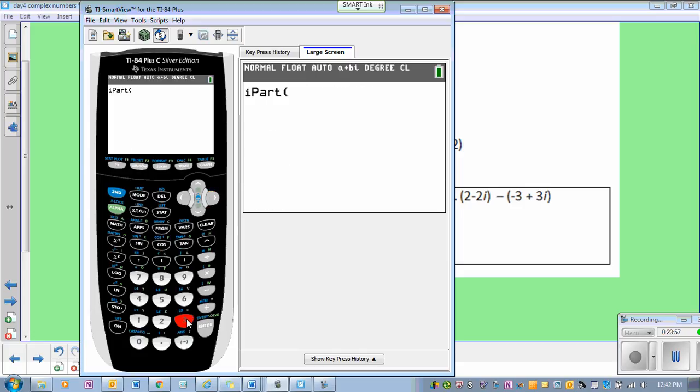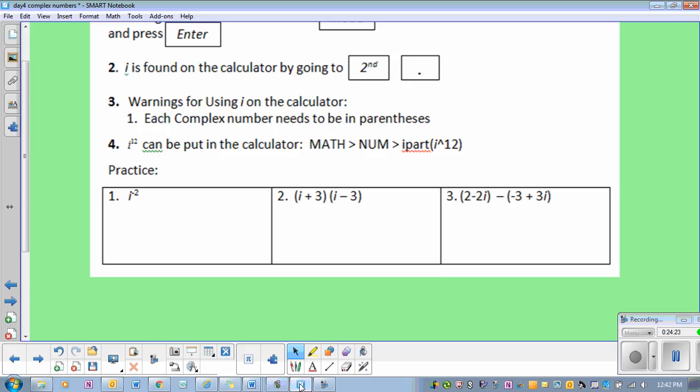Now put in i to the little caret right above your division. i is second decimal. And then put in negative 2 and close. What does it say? Negative 1. Okay? There you go. That's your answer. And I can show you the long math behind that.